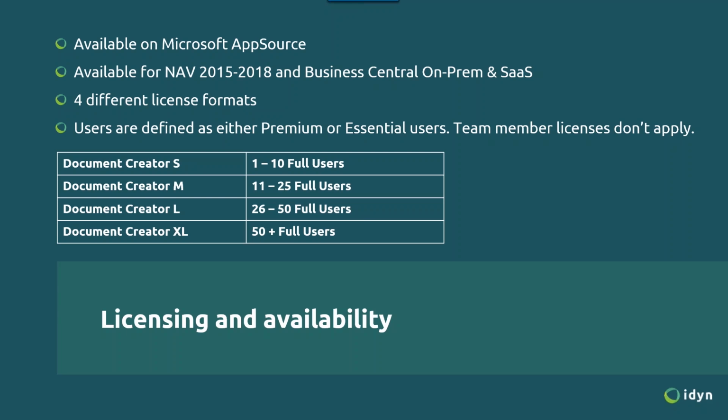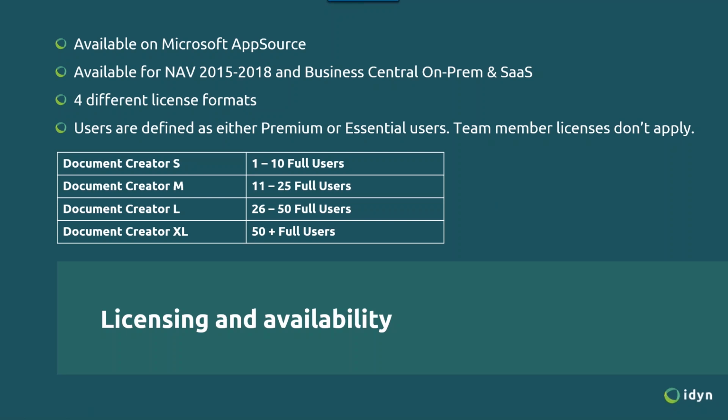We have 4 different license formats, which is all linked to the number of full users that are part of your installation. You can read it here on the screen, the small, medium, large, and extra large installations. Please note that when we talk about users, we are not talking about team member licenses, but only full users are counted in this overview.